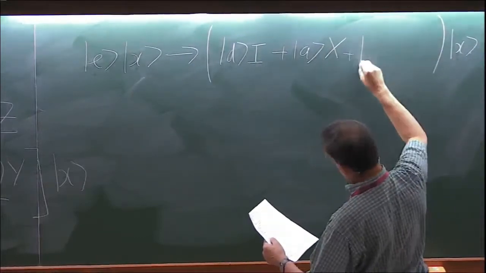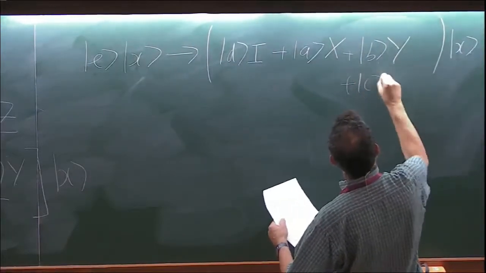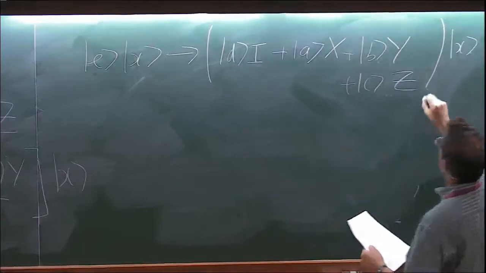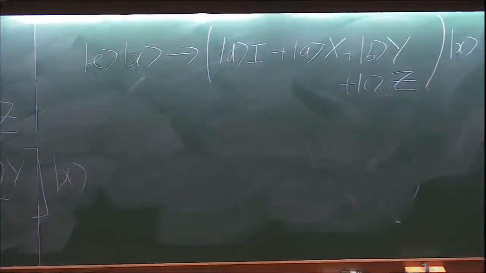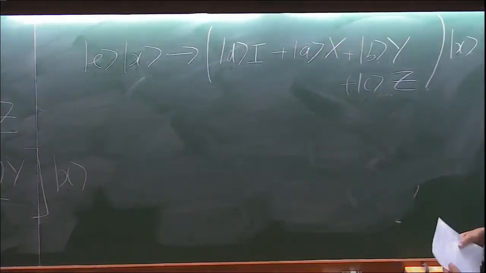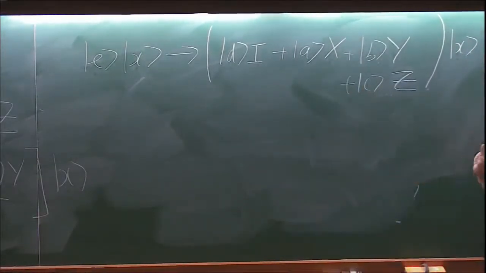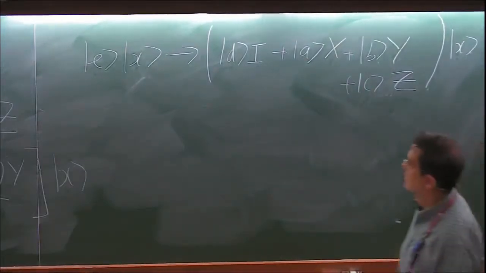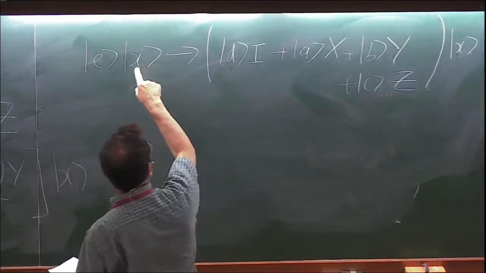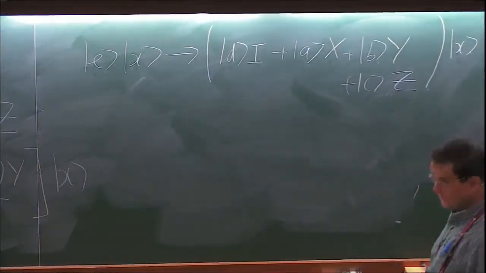These are just environment states, plus B times Y plus C times Z. It's just saying that if you start with some initial state, you can get other states by acting with X and Y and Z, and that's all you can do since there's only two states. So this is true for all X, so it's true for a linear superposition.